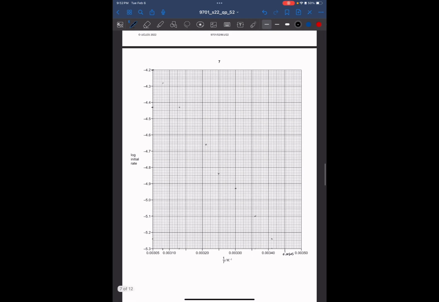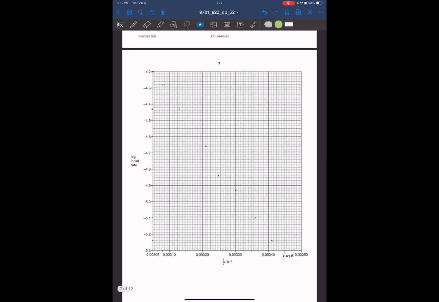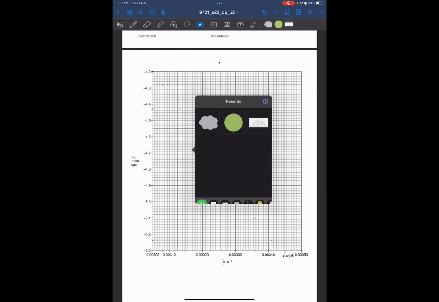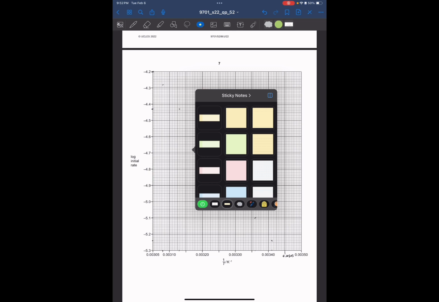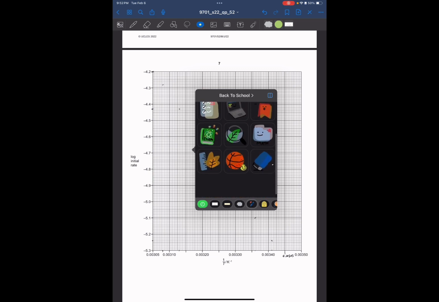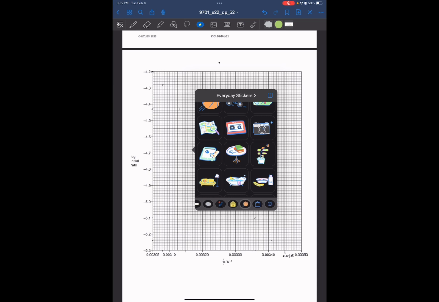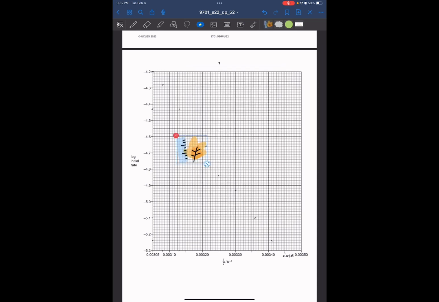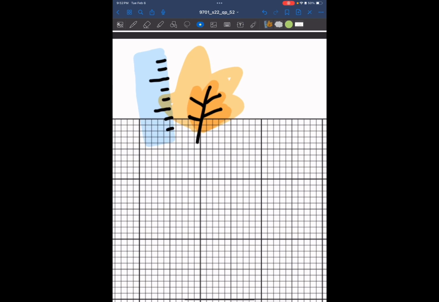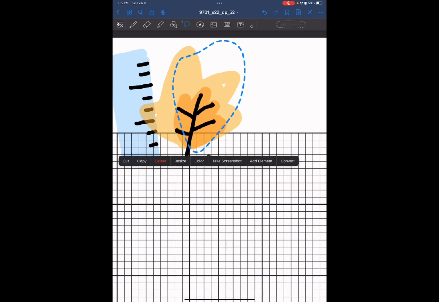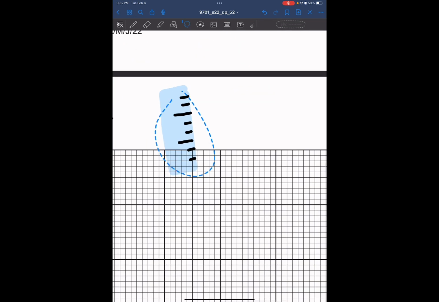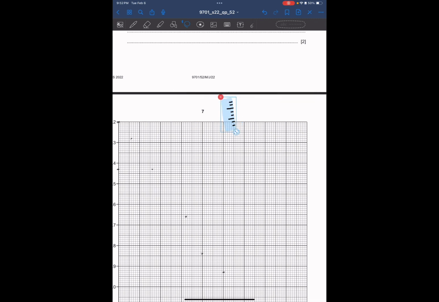Now we have to draw a line of best fit. Let me see if I can find a ruler around here. Okay, I can't find a ruler. That's the best thing that we're gonna have for a ruler. So I'm just gonna delete that. Let's just take this to be our ruler.